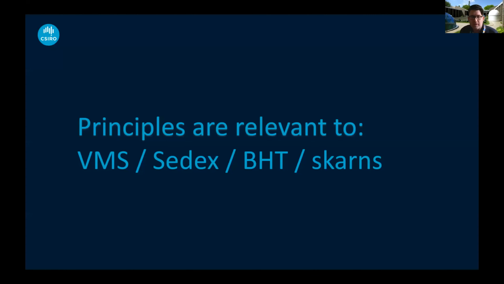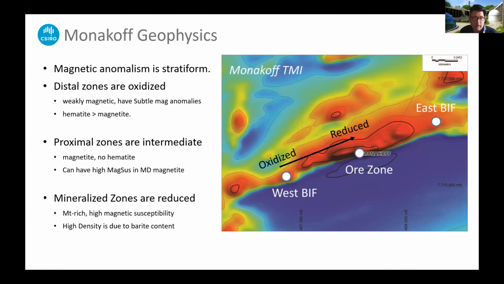So these kind of principles are relevant to a whole bunch of different deposits, and we're going to look at some examples of some maybe sort of weird, controversial deposits in the Cloncurry district, and just show you some of the zonation within them. So this is Monakoff here. It was mined out, I think, maybe 2013, 2014, somewhere around there.